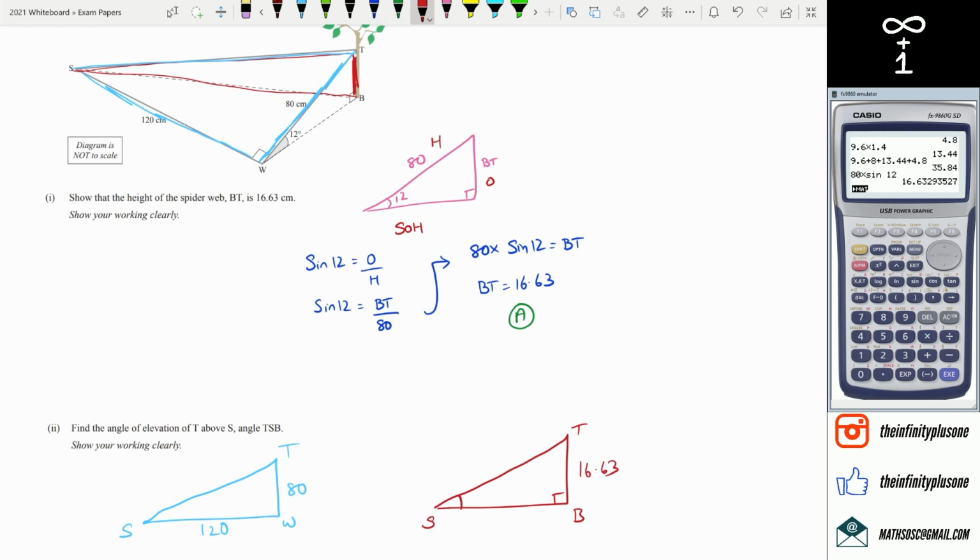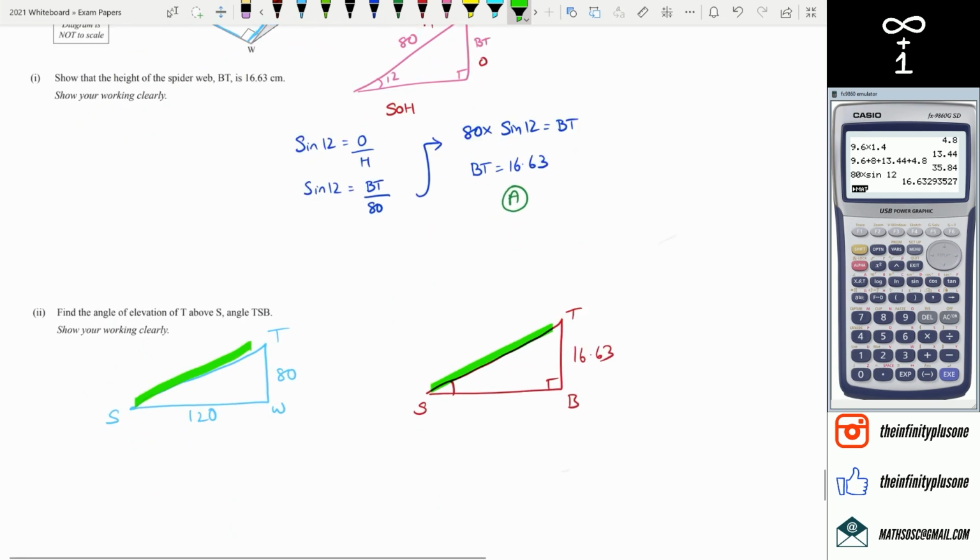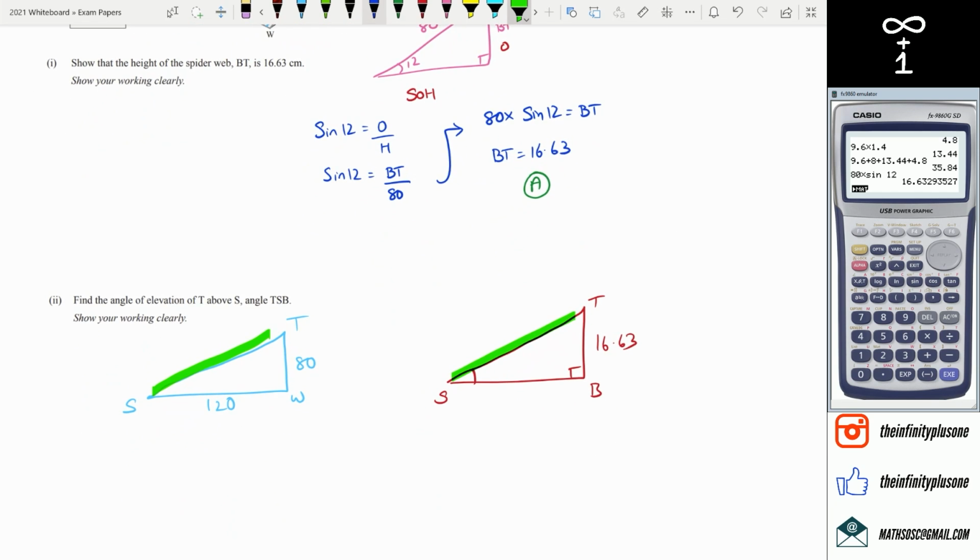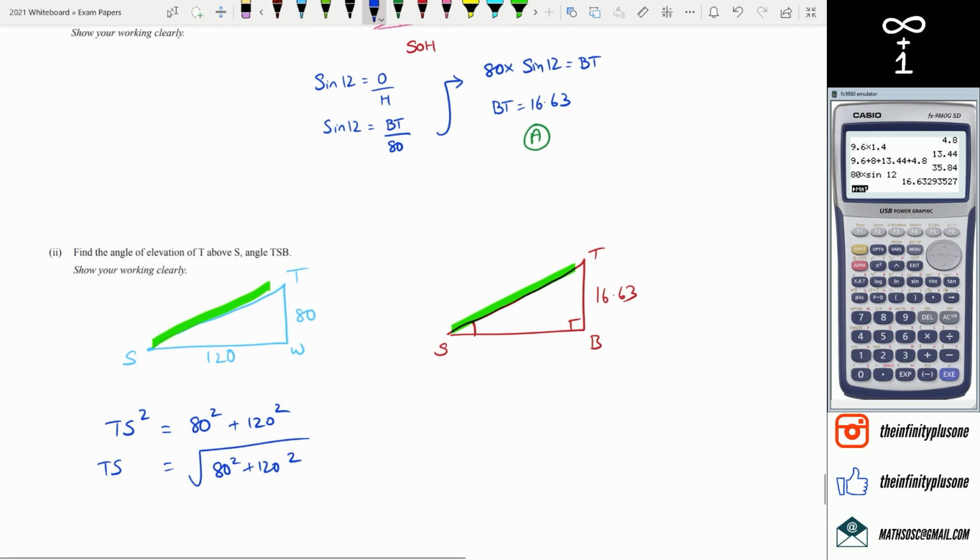If we figure out what TS is, which is this length, we can work out what angle TSB is. So it's a twofold question. We have to do TS first. TS squared equals 80 squared plus 120 squared because it's using Pythagoras, and then TS is equal to the square root of 80 squared plus 120 squared.